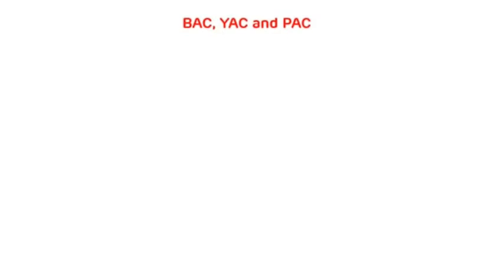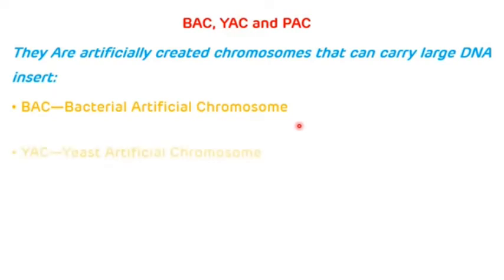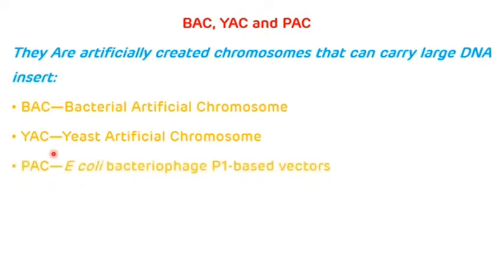Now, bacterial artificial chromosome, yeast artificial chromosome, and PAC. They are artificially created chromosomes that can carry large DNA inserts. BAC, that is bacterial artificial chromosome. YAC, that is yeast artificial chromosome. And PAC, that is E. coli bacteriophage P1 based vectors.